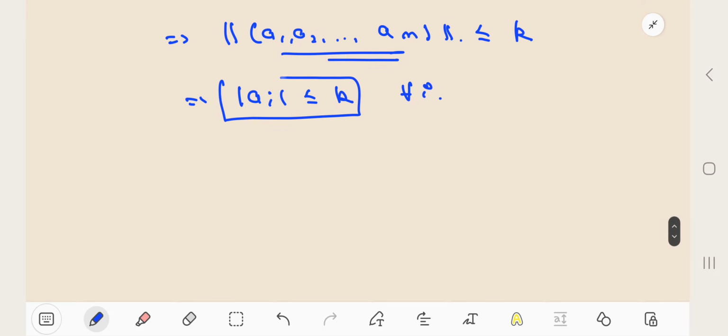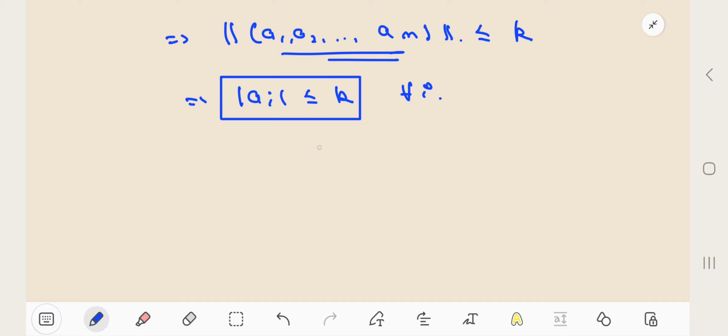But the thing to observe here is that K is some finite real number, and each of these a_i's is an integer. So this is less than or equal to K, right?